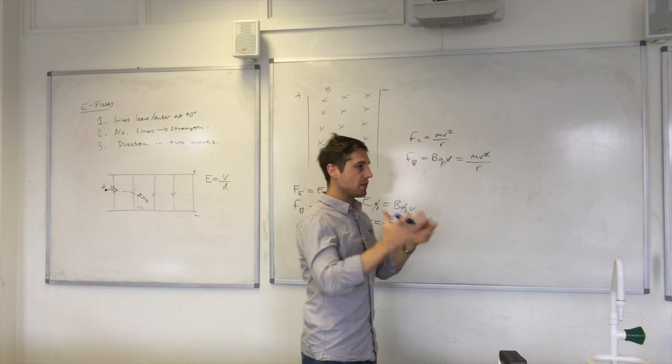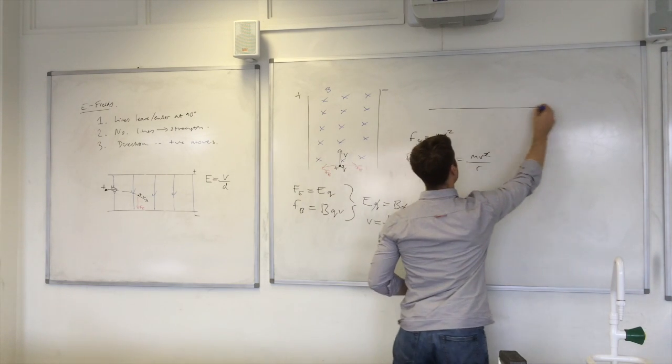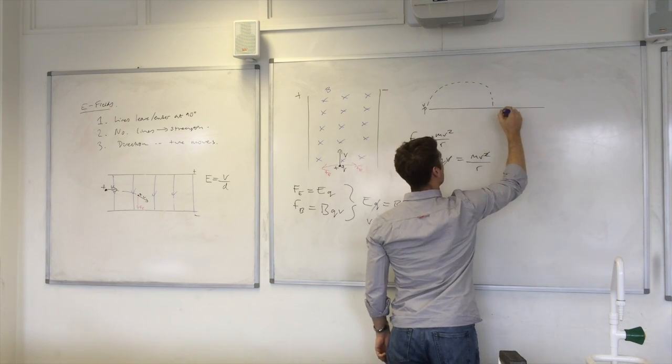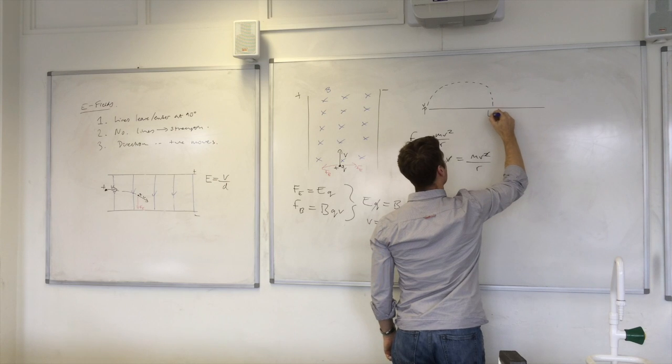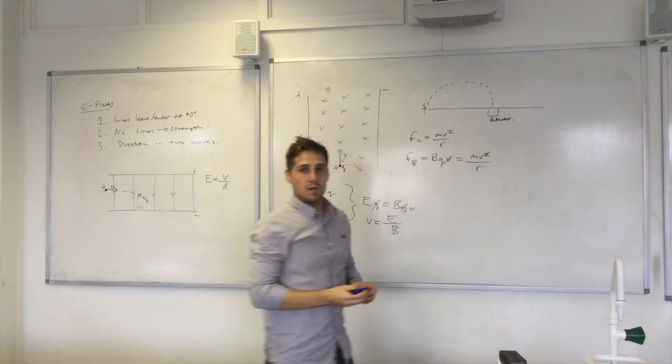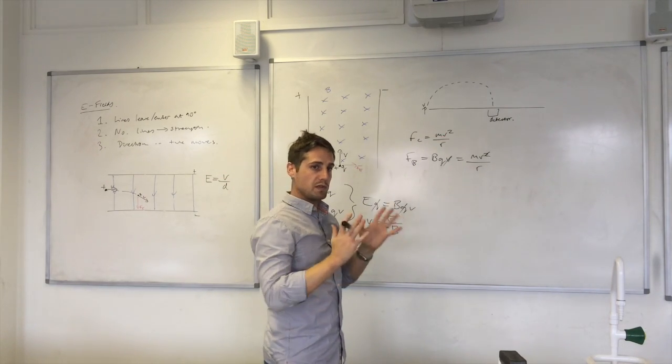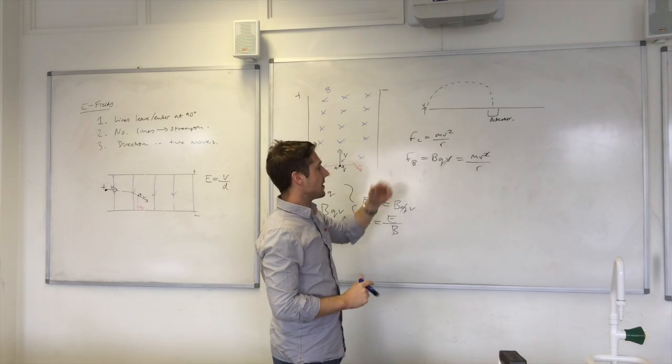So perhaps best if I actually draw the setup. You have your charged particles entering here, and then they undergo circular motion in your field, and this is where your detector is. So when you're detecting something there, you know you're detecting whatever you've specified your setup for.